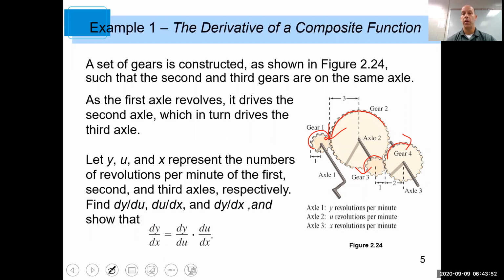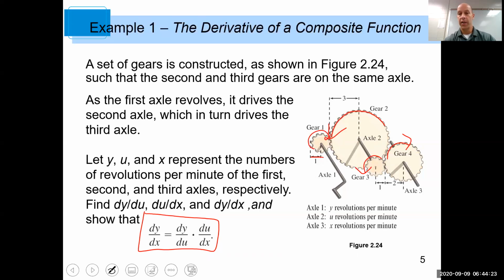Now the thing to note though is the radius of these axles. So this is a composition of functions. If we want to figure out the relationship from gear 1 to gear 4, we would want to look at the three axles and how they're related. This would be the formula that we would use to find that rate of change: dy/dx would be equal to dy/du times du/dx.